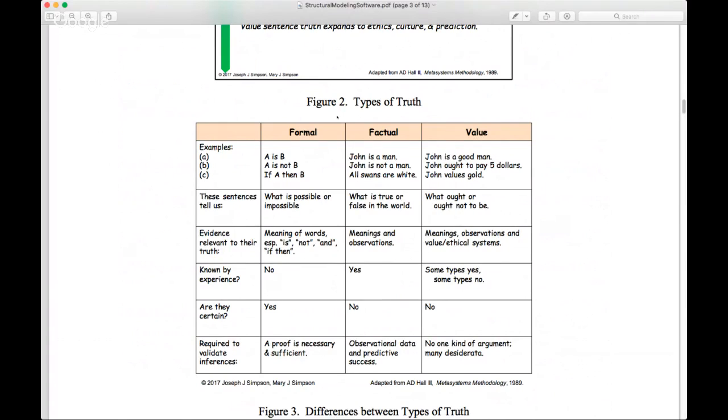It says it's certain, but it's certain in its methods, though there is some uncertainty with the factual basis that you're applying it to. If you're applying it to real world objects and to things that have been discovered from empirical experience, then there may be some uncertainty associated with that. But factual truth and value truth are uncertain.